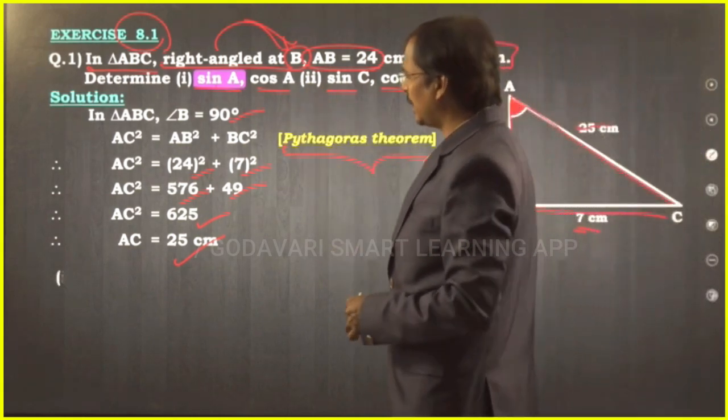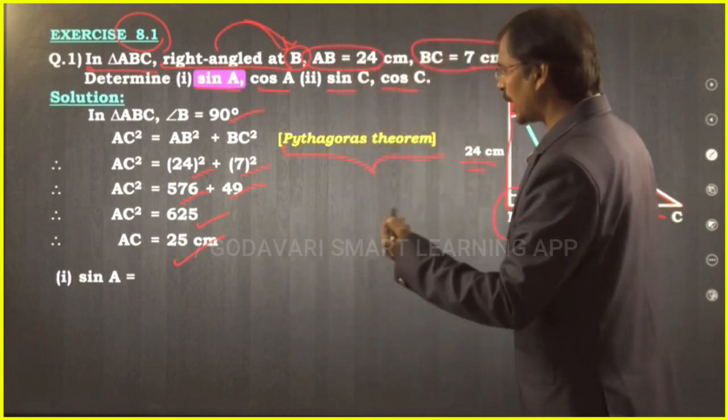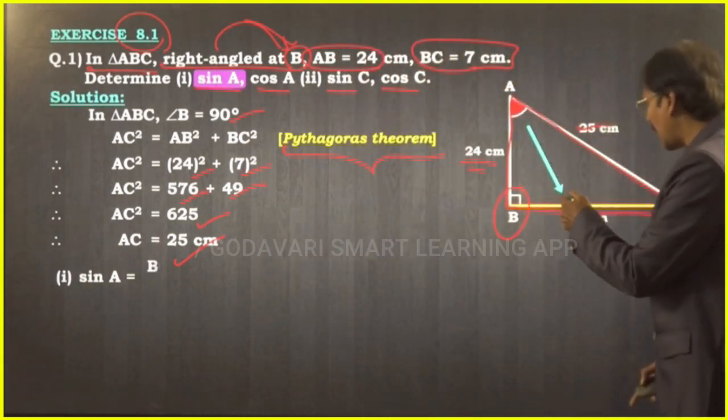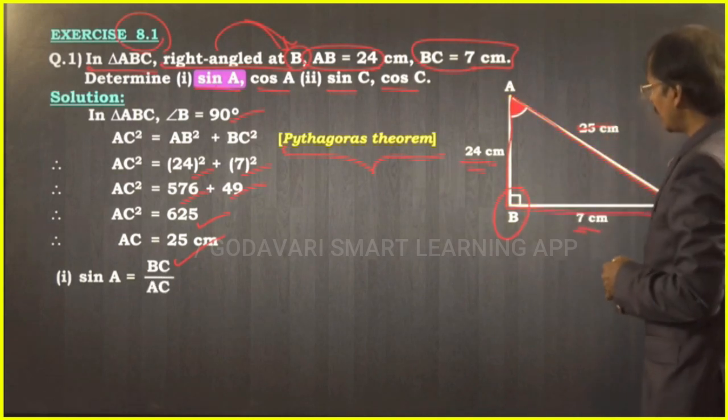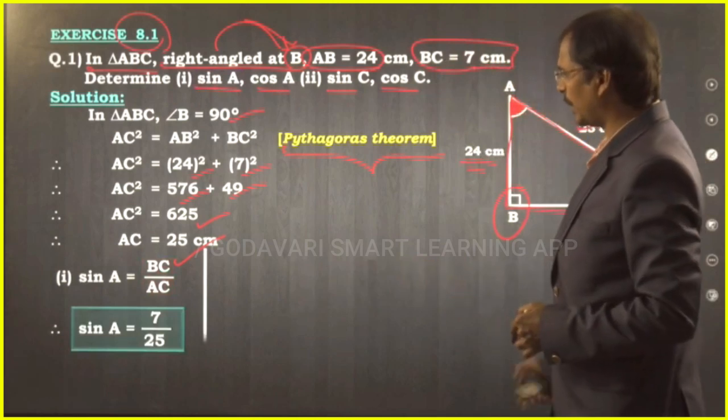We have to find sin A. First one is sin A. Sin A is the side opposite to angle A by hypotenuse. That means BC by AC, 7 by 25.